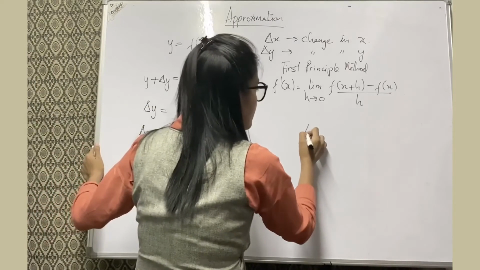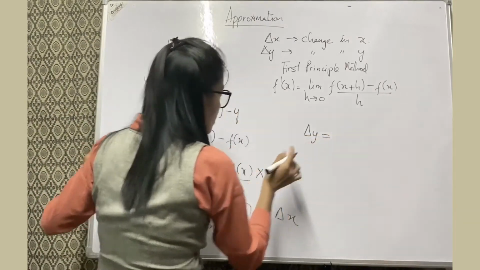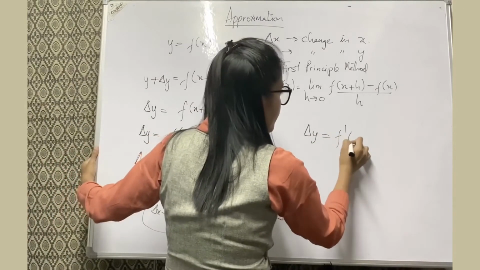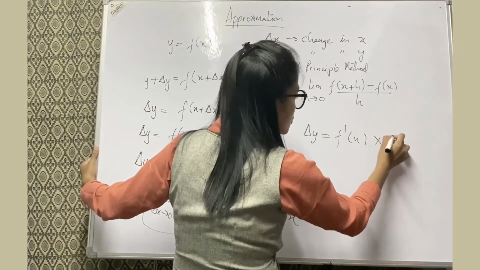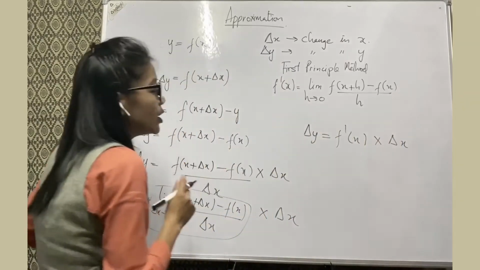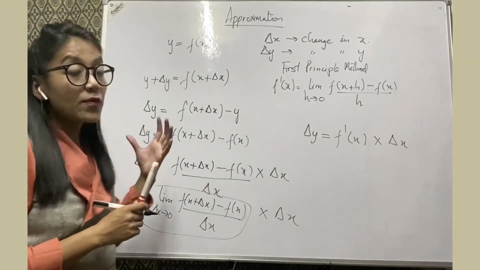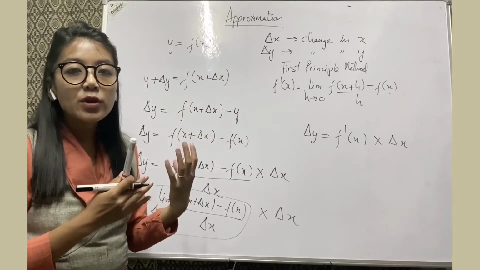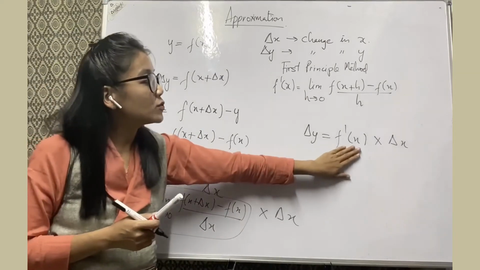So you can write delta y is equal to, now this whole thing is f dash x, right? Into delta x. So if you know f of x and delta x, then you can find the corresponding change in y directly by using the derivative.